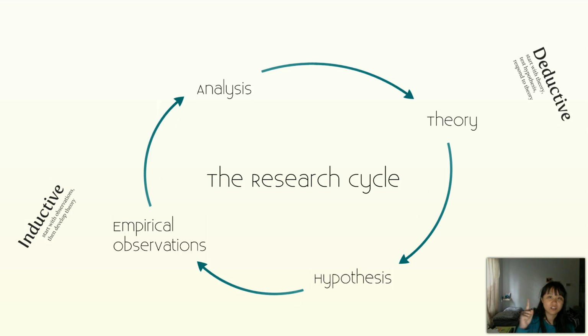So then you might develop more hypotheses, and so on and so forth. On the flip side, if you're doing inductive research, you'll be starting with empirical observations, analyzing, and then developing theory or finding theory that you did not know would be relevant. So you could start pretty much anywhere in this cycle, and you can go through the cycle multiple times during the course of research.